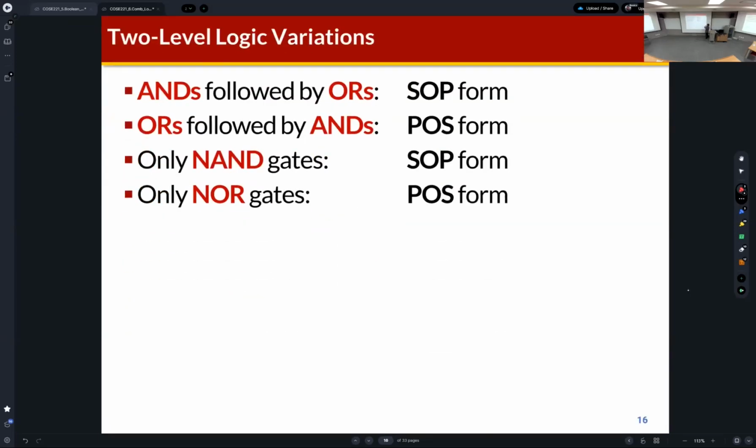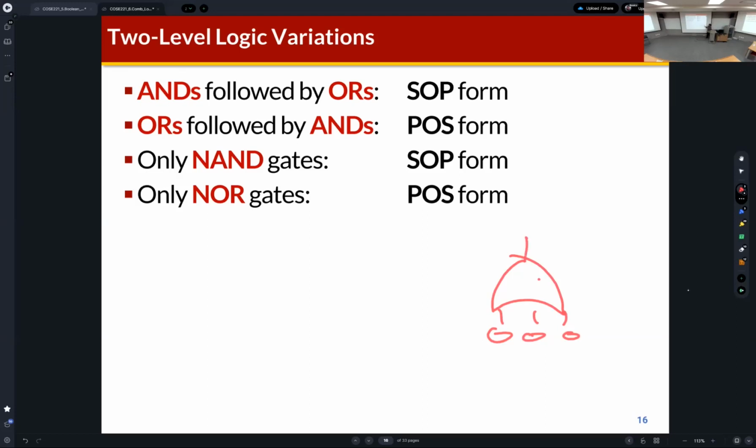Okay, so let's see the other forms of the two-level logic. So there are several variations of the two-level logic. We can consider the ANDs followed by OR, which means that there are several ANDs here, and then the outputs of the ANDs are ORed by an OR gate, which generates the final output.